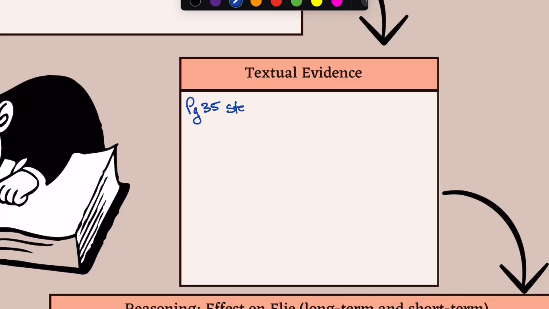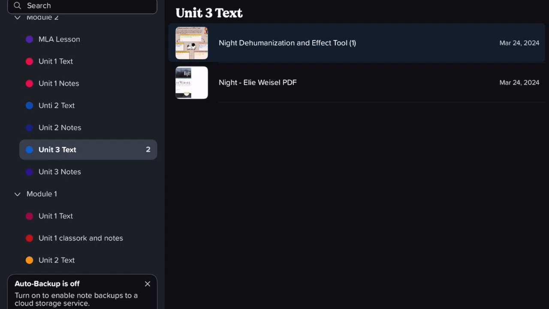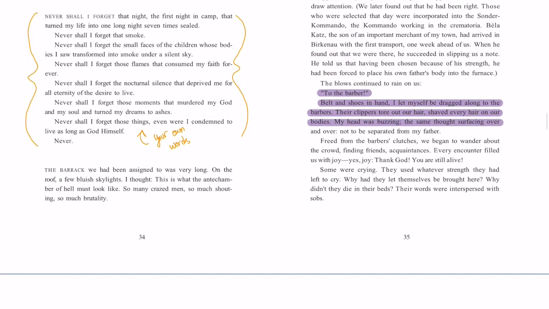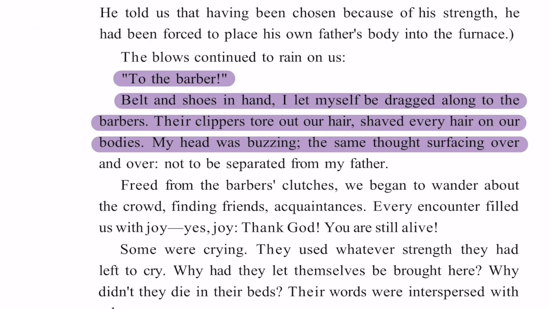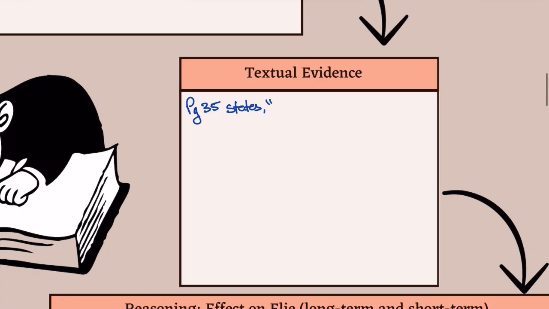Page 35 states, this is where we're going to touch on them being shaved when they went to see the barbers. Their clippers tore out our hair, shaved every hair on our bodies. Let's get that in. Their clippers.